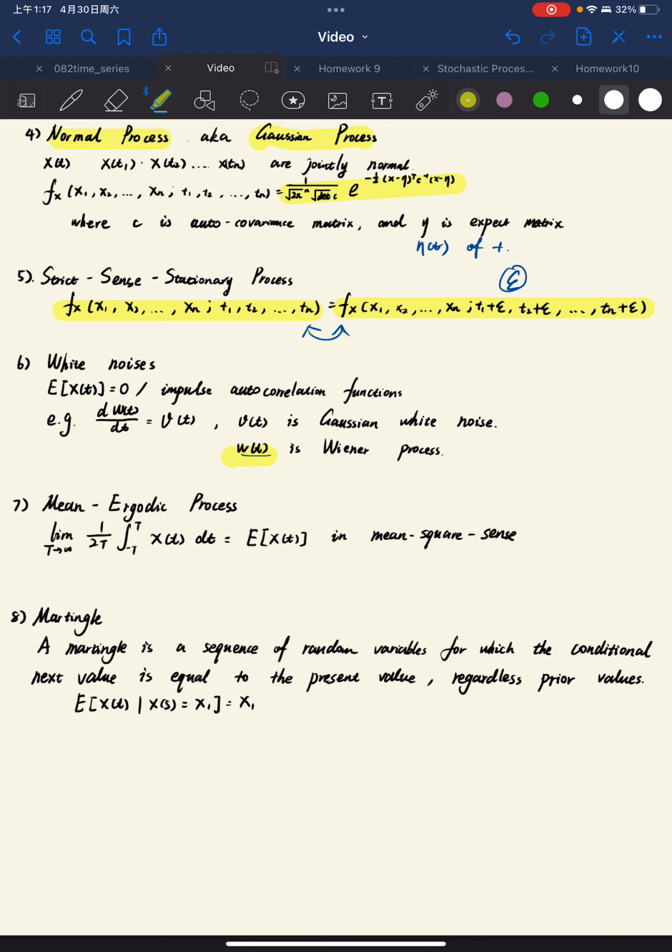We can receive a relation on t, which we call Vt, and Vt is the Gaussian white noise.